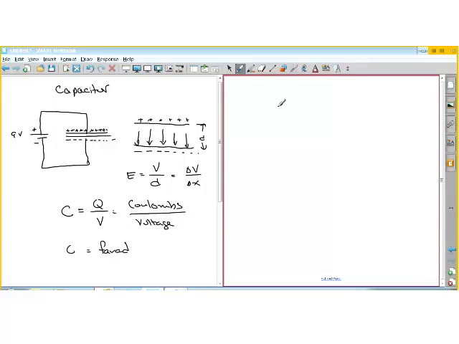Okay, so now what we're talking about here is parallel versus serial. If this is a serial arrangement of capacitors, it just means they're connected end to end. And normally you would then put a battery and apply this voltage across all 3 capacitors.